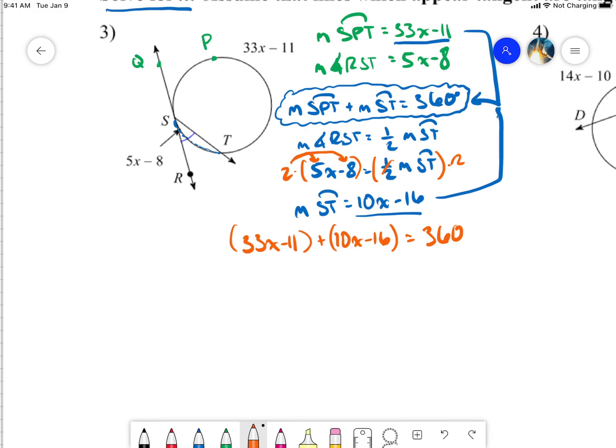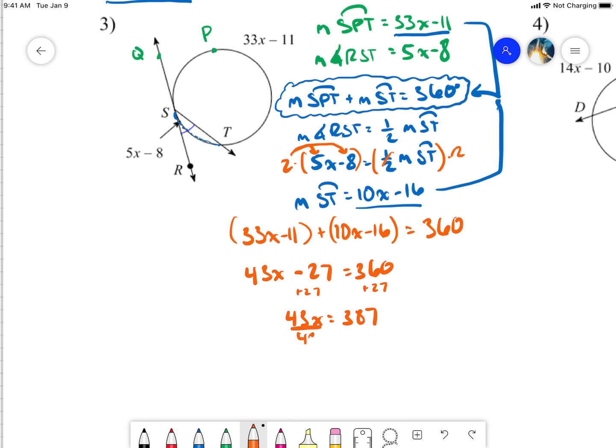All right. So now when I combine like terms on the left-hand side, I should get 43x minus 27 is equal to 360. Add 27 to both sides. You get 43x is equal to 387.